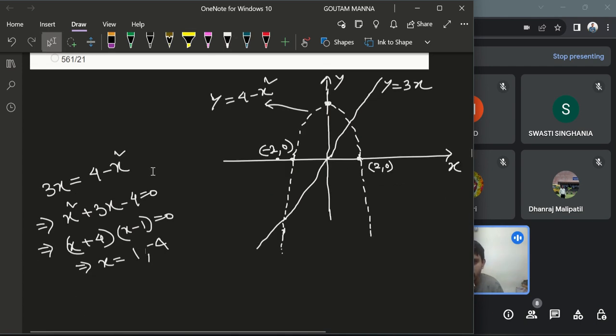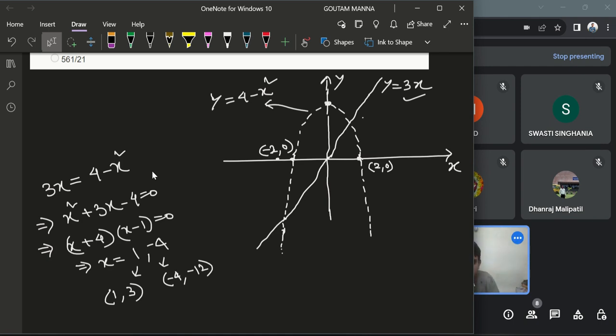For x equals 1, y will be 3. Here if I put x equals 1, and for x equals minus 4, y will be minus 2. So these are the two points.